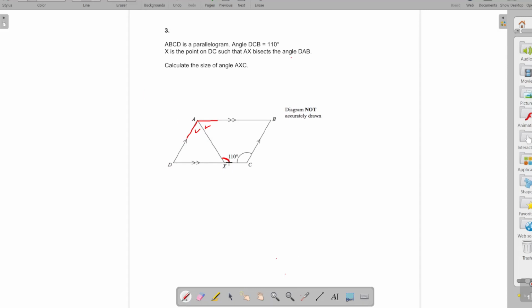Okay, to do that, first thing we will do is, it's a parallelogram, opposite angles equal. Therefore, we could say angle BAD is 110 because opposite angles in a parallelogram are equal.